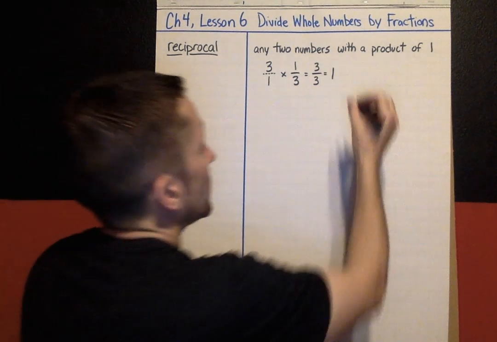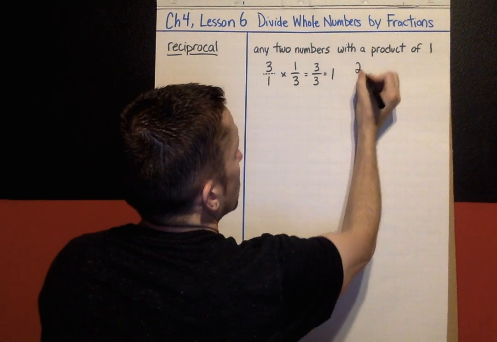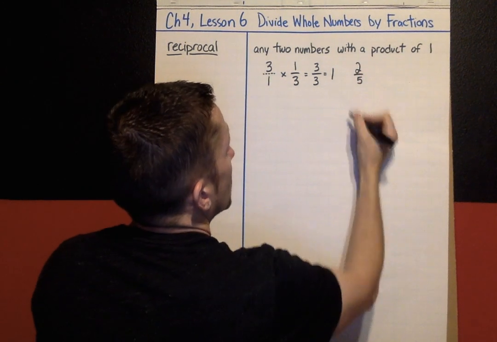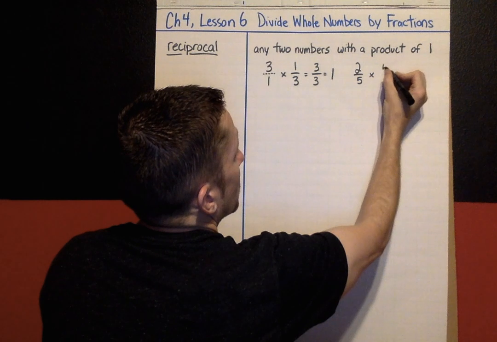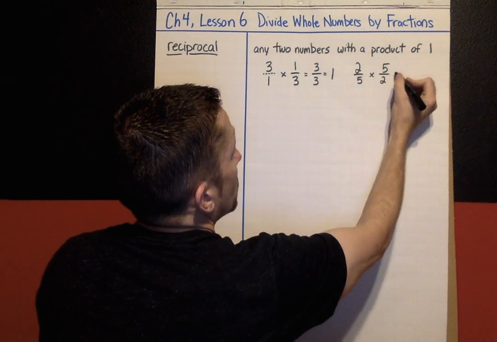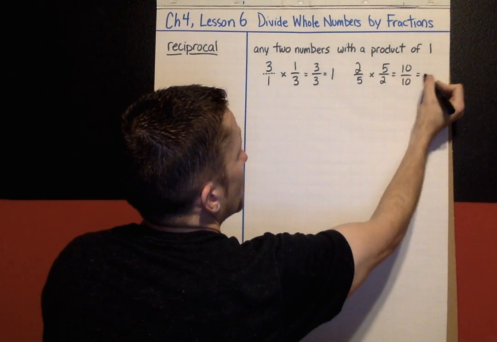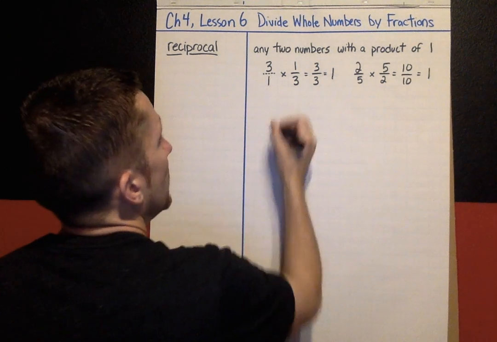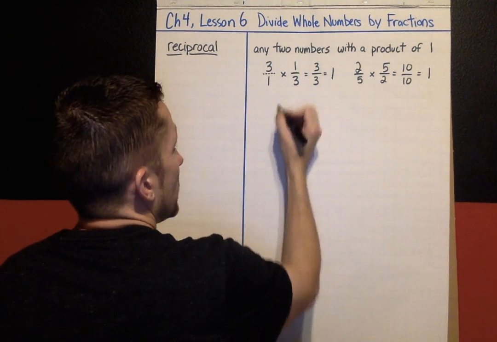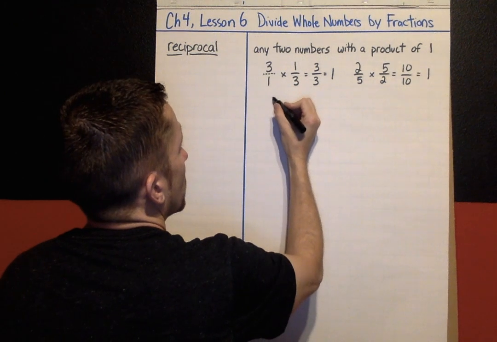Here is another example. 2/5 times 5 over 2 is 10 over 10, which is 1. So these are examples of reciprocals.